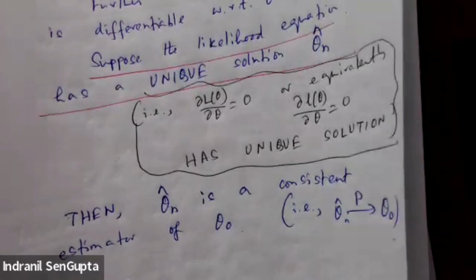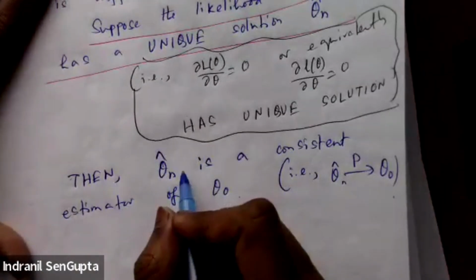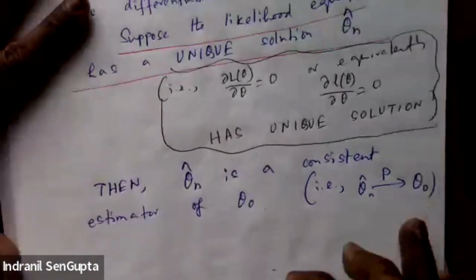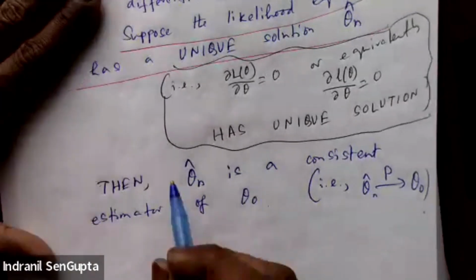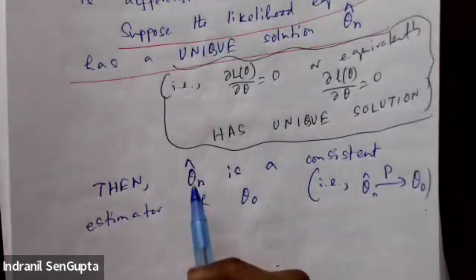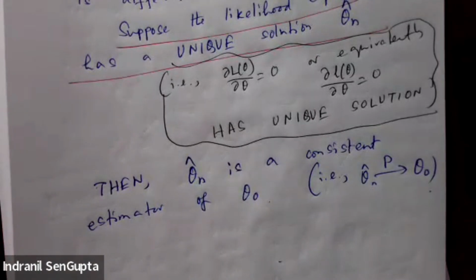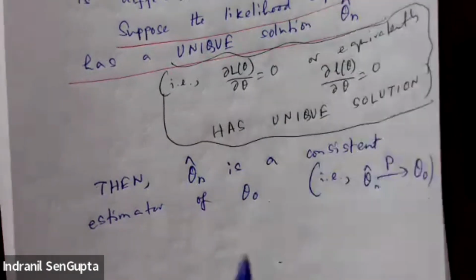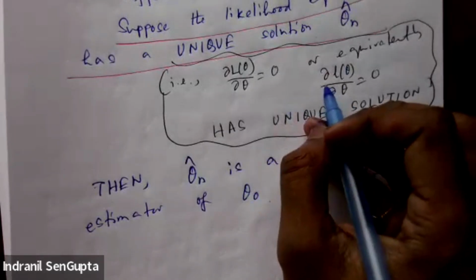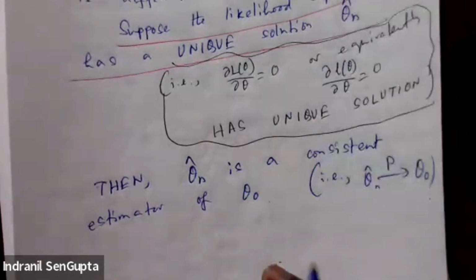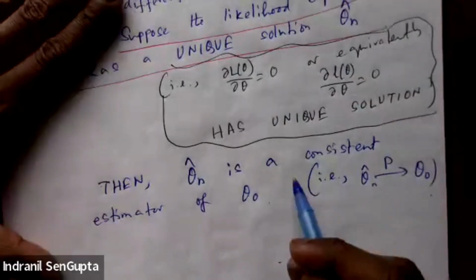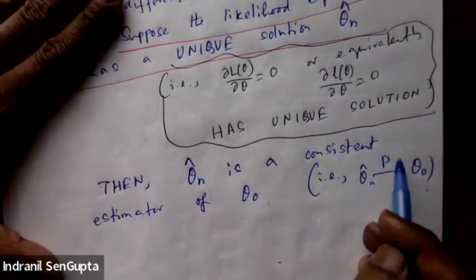So that means we can use this as the maximum likelihood estimator. This is a very wonderful theorem, which shows that if you can find a unique solution, then basically you're done. You already know that it is a consistent estimator.